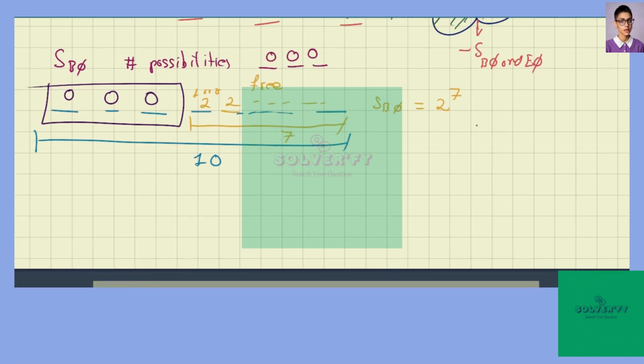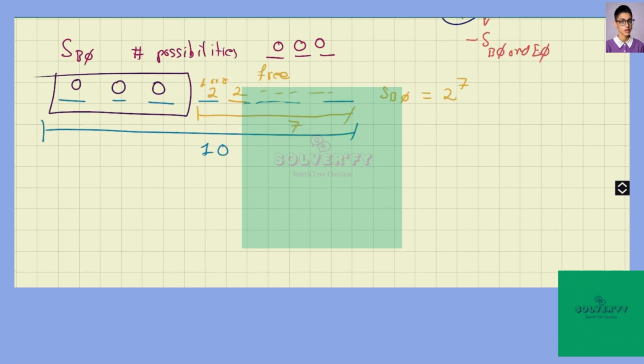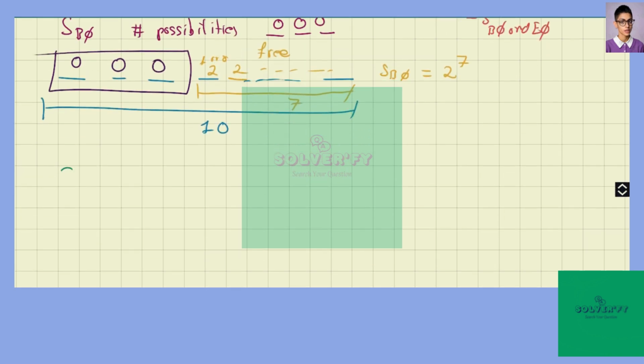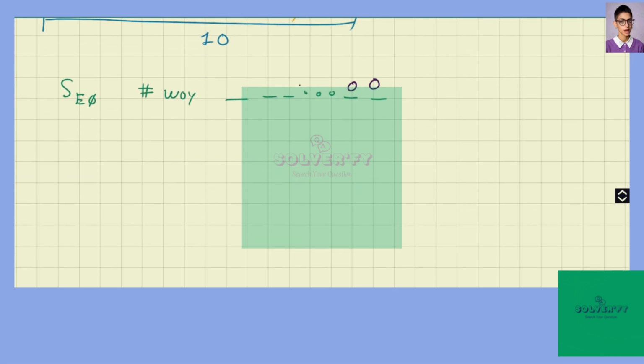The other is S_E, all the possible ways of strings that end with 2 zeros. Okay, so in this case it is really similar to the previous one.